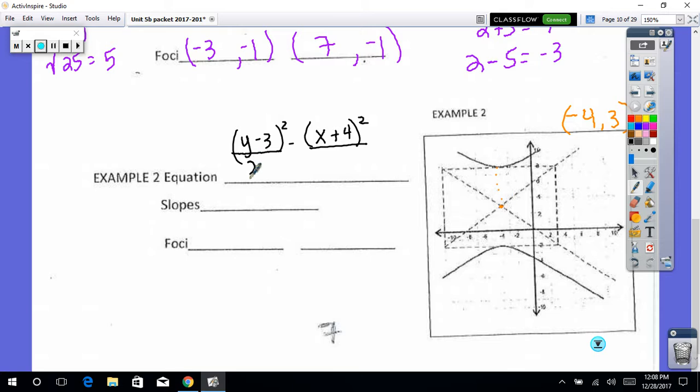And we said it was 25 over 49. So sorry. Now for our slopes, rise over run, always y over x. So plus or minus the square root of that is 5 over 7.